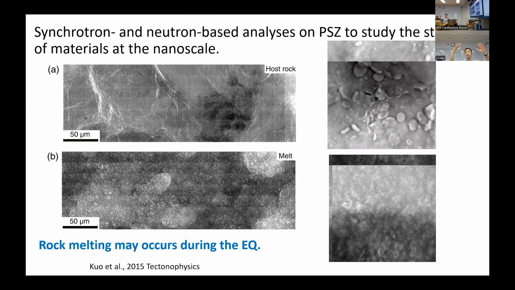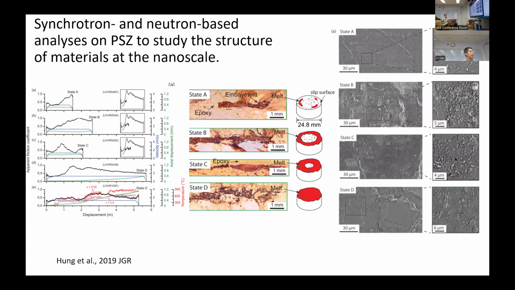And then we also try to know what's happening during the melting process. This is another case, and we always try to know what happened during this process. So we will do a slip stepping experiment.